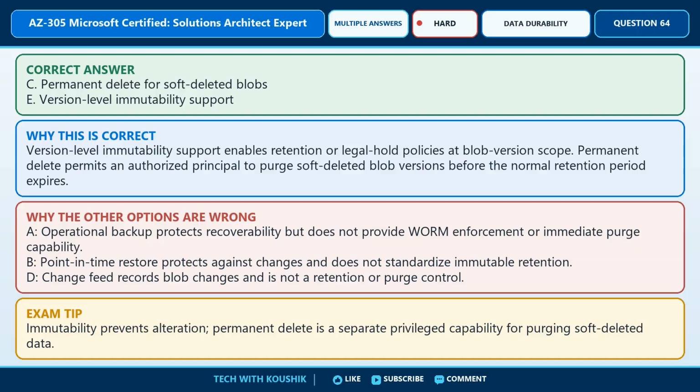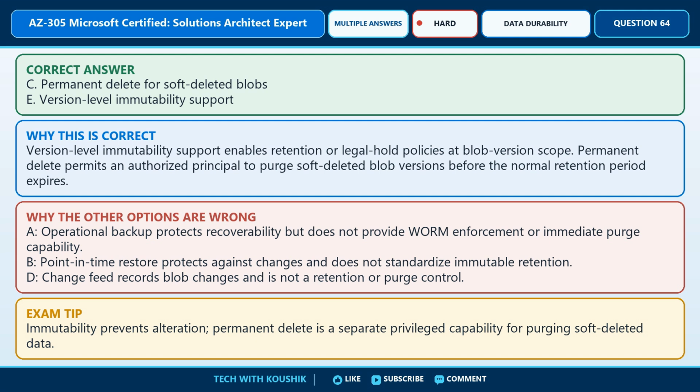The required selections are Option C, Permanent Delete for soft-deleted blobs, and Option E, Version-level immutability support. The reasoning is as follows. Version-level immutability support enables retention or legal hold policies at blob version scope. Permanent delete permits an authorized principal to purge soft-deleted blob versions before the normal retention period expires.